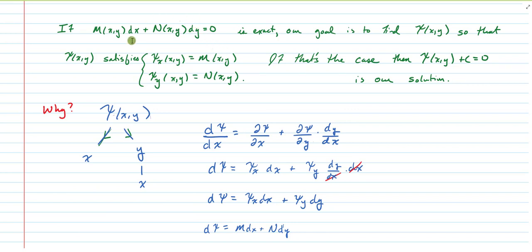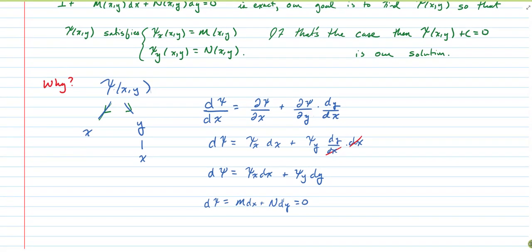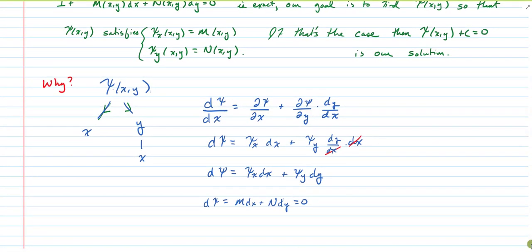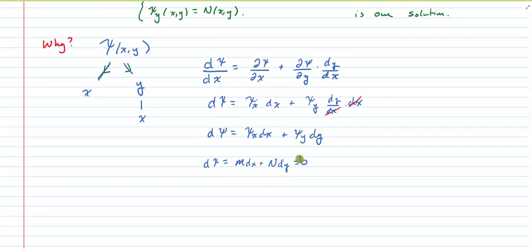And from our original differential equation, we know that this whole expression is equal to 0. To satisfy the differential equation, we're looking for something so that this whole expression equals 0. And so hopefully that shows why, if I'm thinking about a function that would satisfy this expression, we want its derivative to equal 0, so that would be why this psi of x, y needs to equal some arbitrary constant.